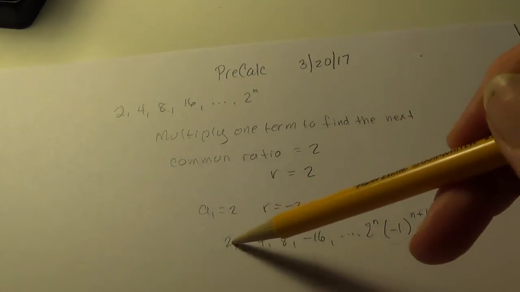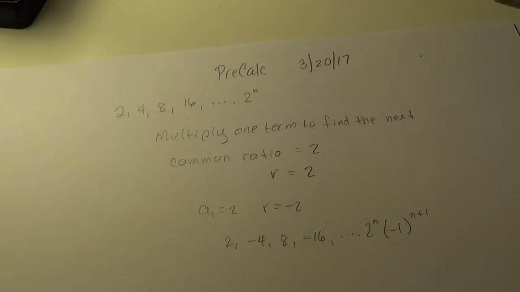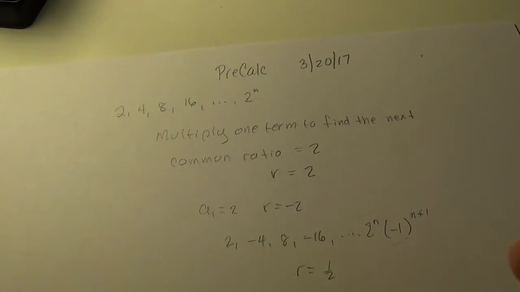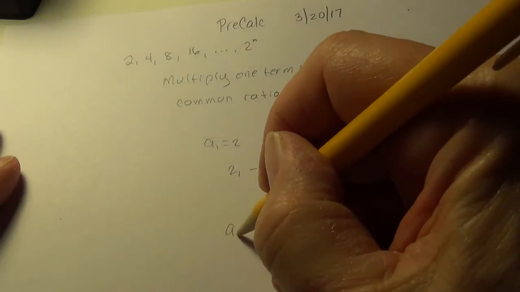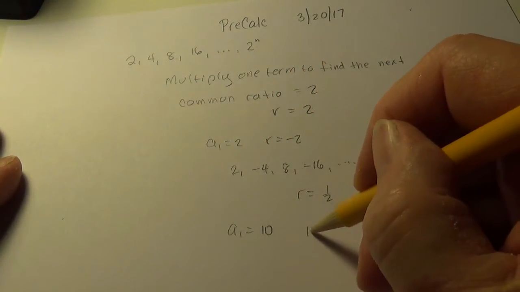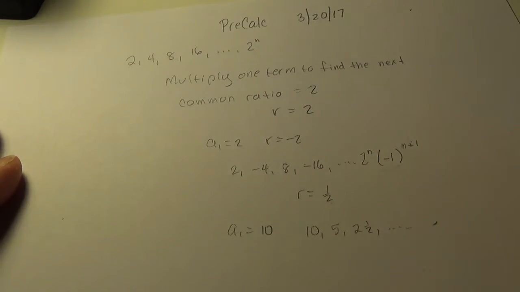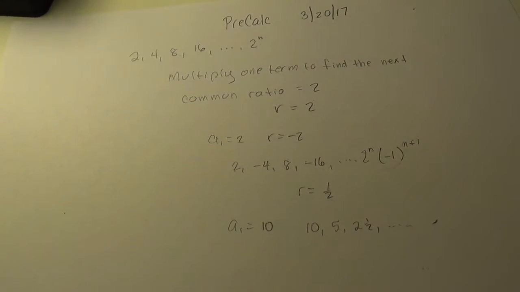So a negative common ratio will cause this alternation of signs, and then it can also be less than 1. R can be 1/2. What if a sub 1 equals 10, and R was 1/2? We get 10 times a half times a half times a half, etc. So 5 times a half is 5/2, then 5/4, and we can keep getting smaller and smaller as we go, with a positive fraction between 0 and 1. So all these are legitimate R's. They can be negative, they can be proper fractions, and they can be positive numbers.